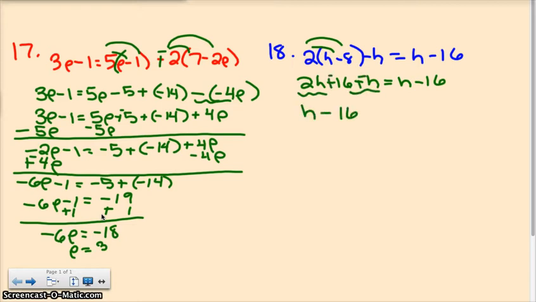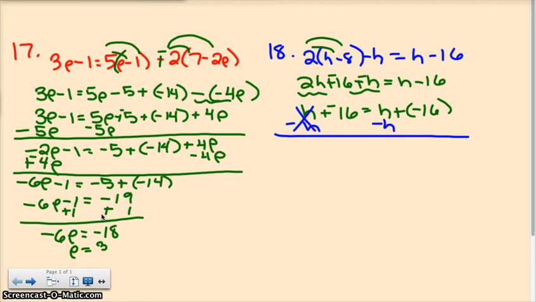This is like plus a negative 16, equals h plus a negative 16. Subtract h over. H, take away a h, totally disappears. I'm left with negative 16 equals negative 16, which is a true statement, which is C, infinite number of solutions.